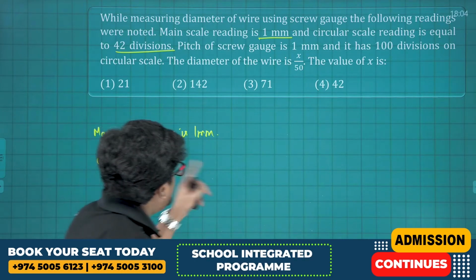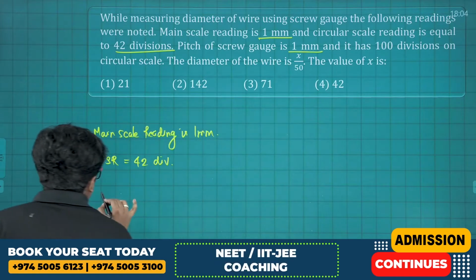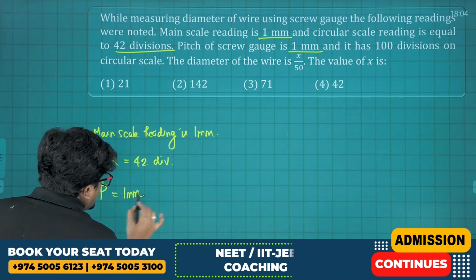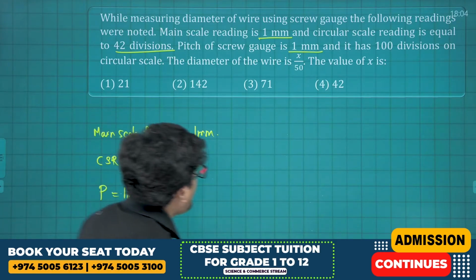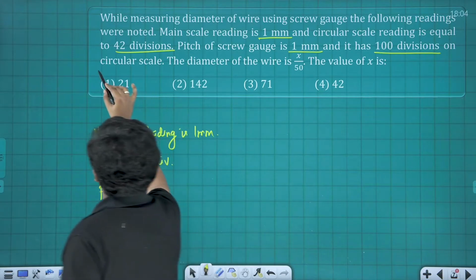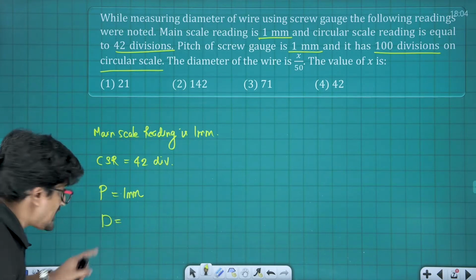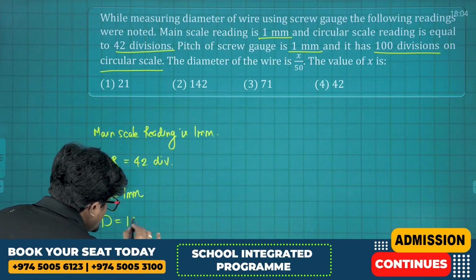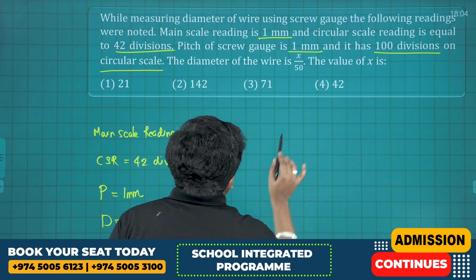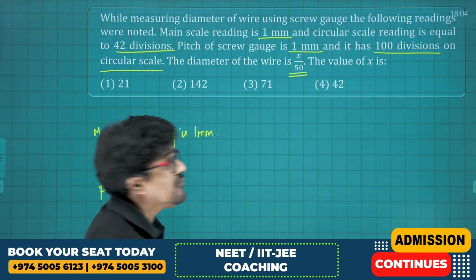Now the pitch of the screw gauge is 1 millimeter. Pitch, capital P, is equal to 1 millimeter. And it has 100 divisions on the circular scale. The number of divisions on the circular scale, I mark it as capital D, is equal to 100.